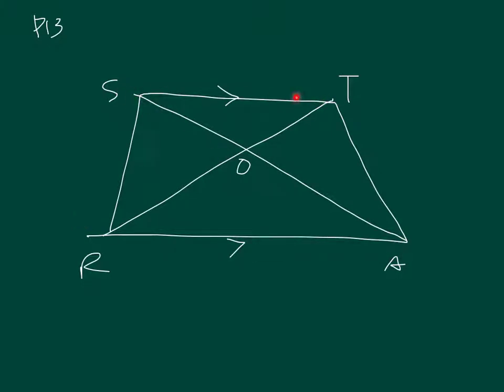I'll give you a hint. The parallel lines and transversal give us evidence to prove that they are similar, either AA or SAS or SSS.